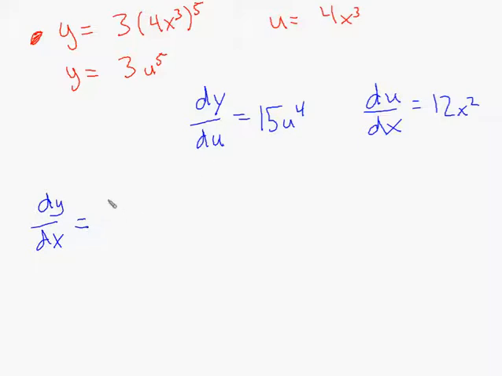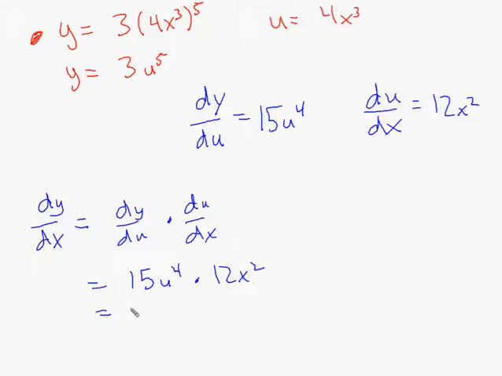4 to the 4th is what? Okay, so we have 256x to the 12th, right? Times 12x squared. We will have something x to the 14th.